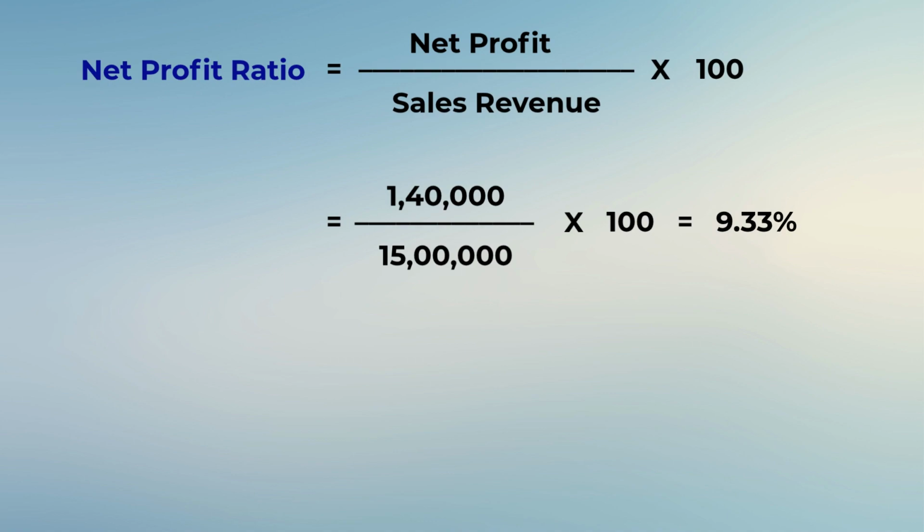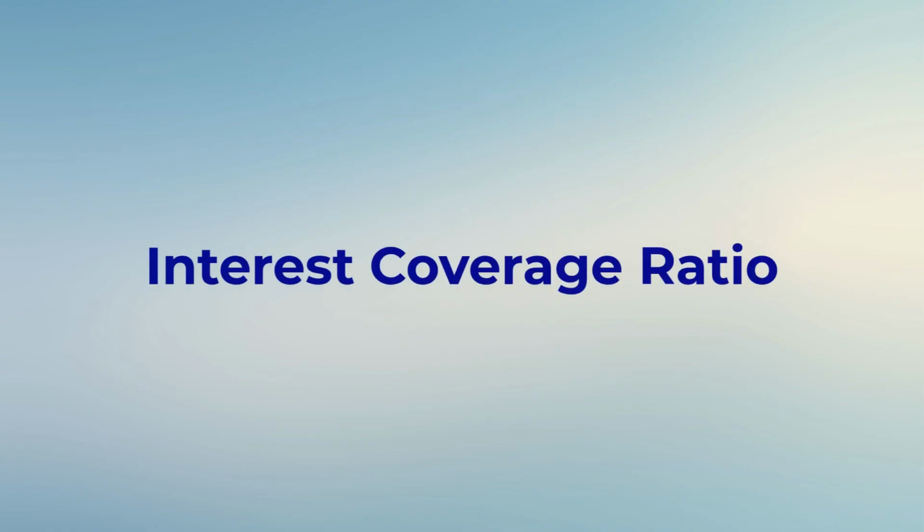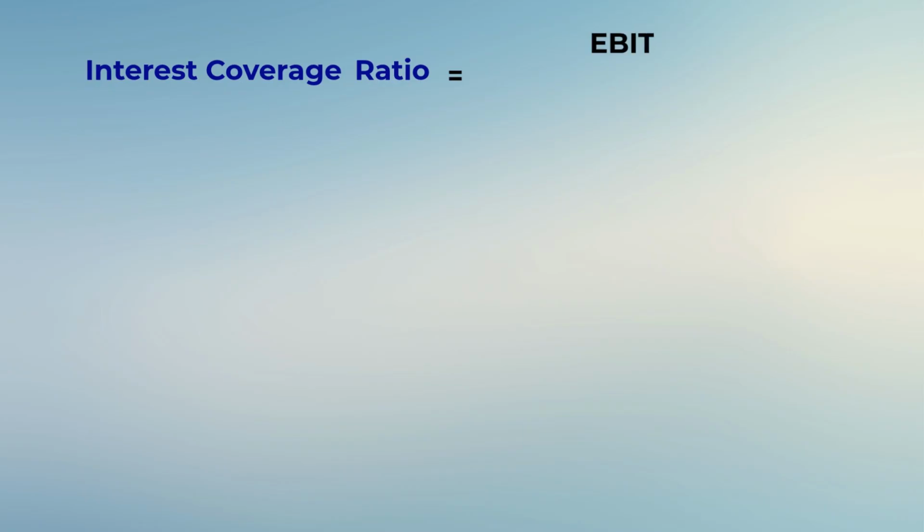Then we look at the interest coverage ratio, which is equal to EBIT divided by interest expense. As we know, EBIT, that is earnings before interest and taxes, is equal to operating profit, which is 2,50,000.